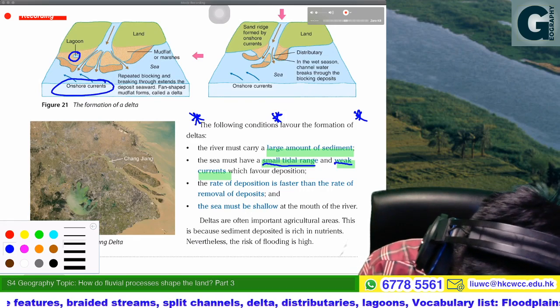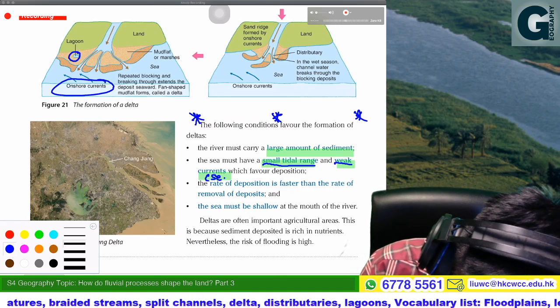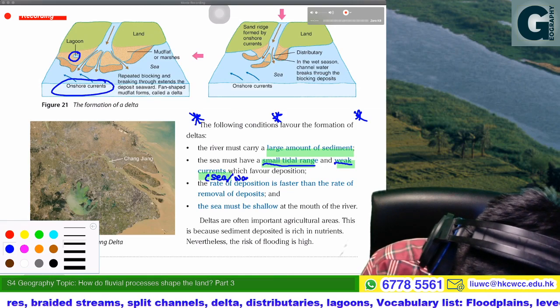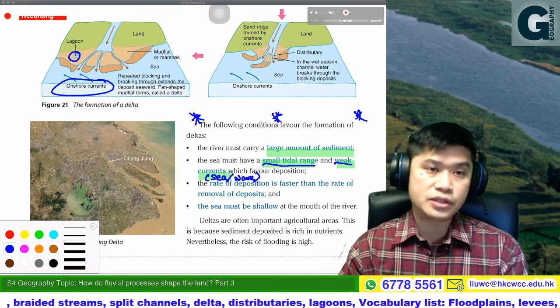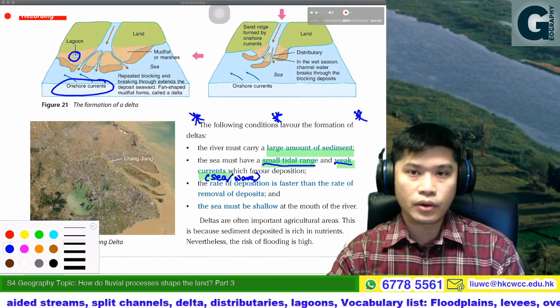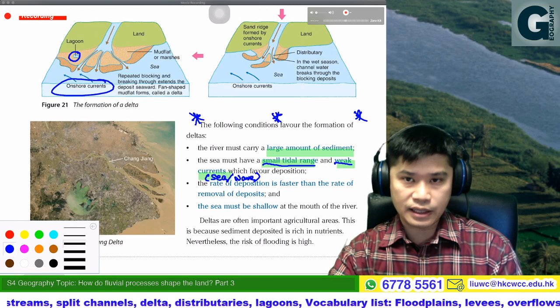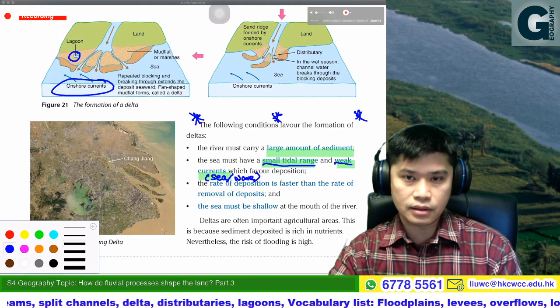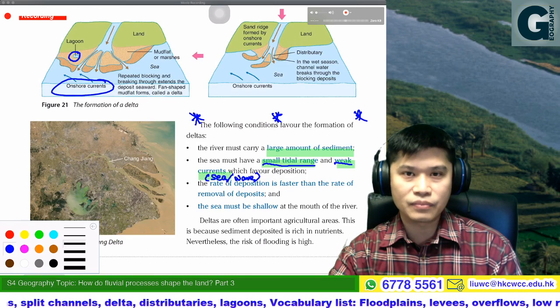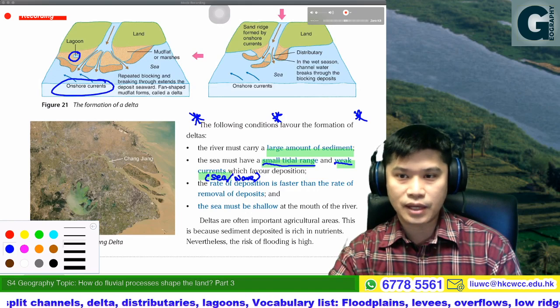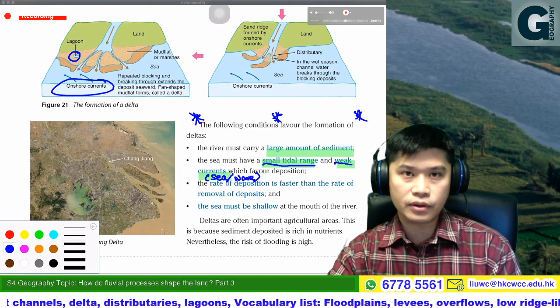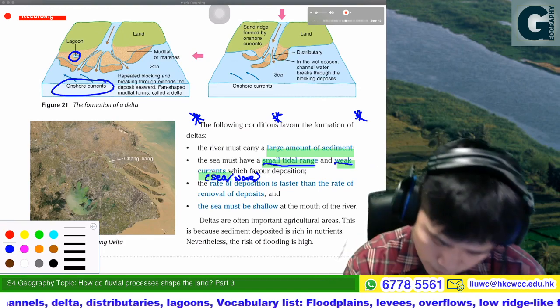Weak current here means the sea or the wave, which favors deposition. 咁海浪唔可以有咁大嘅 energy 先啦.